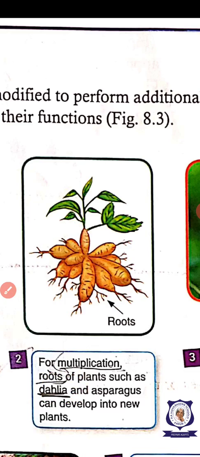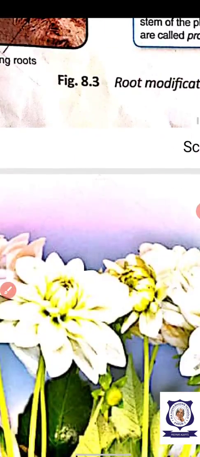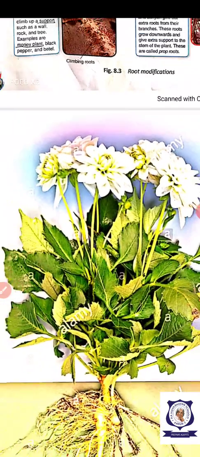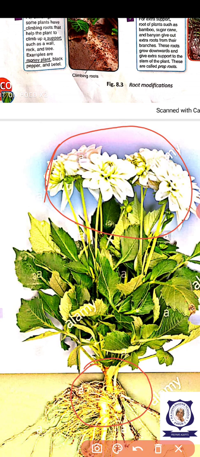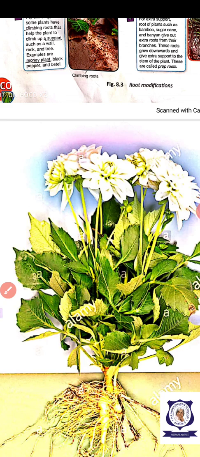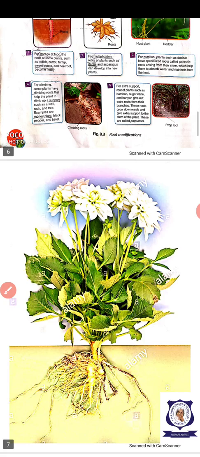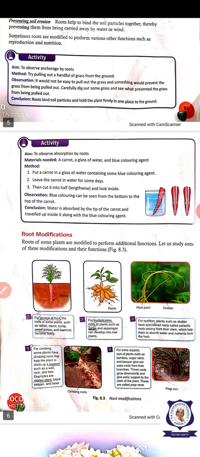See the dahlia plant here, the flowers and the roots. Here also the swollen, bulged roots are there. We can take them and use them for reproduction. In the dahlia plant, the root itself is used as the reproductive part.